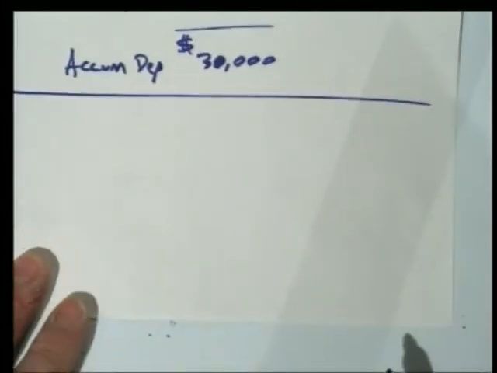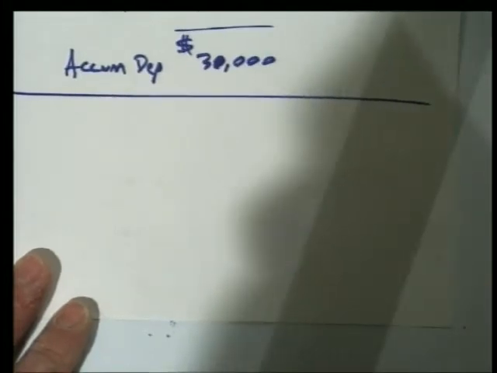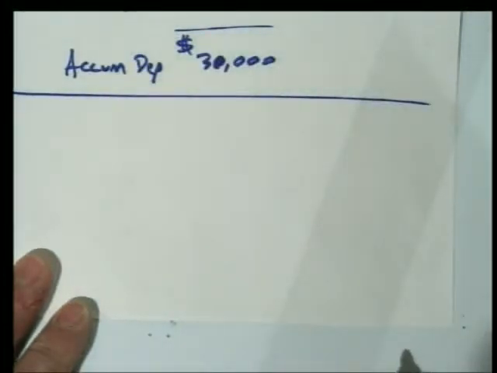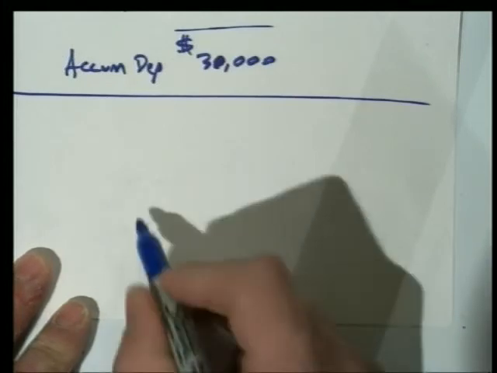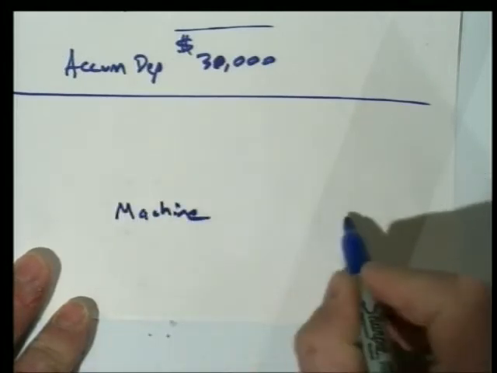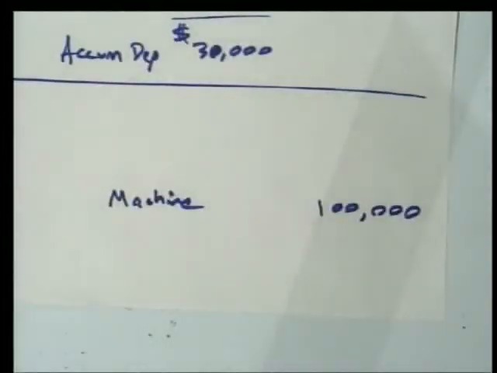Well, what was the next step in disposing of an asset? Take the asset off the books, right? What was the asset's original cost? $100,000. So we are going to credit machine for $100,000. Okay? What's the next step?